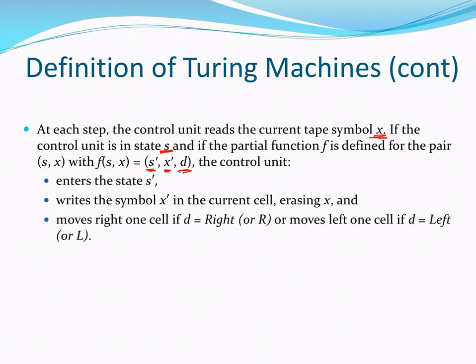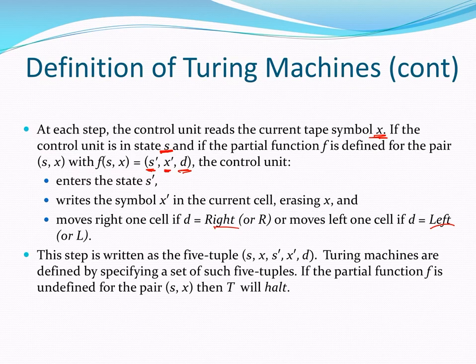Each cell can only contain one symbol. And then we move either right or left along the tape. And so here's how the 5-tuple looks: input state, input from the tape, resulting state, output to the tape, and direction. And then we define a Turing machine by specifying all the 5-tuples needed to do what we want it to do.